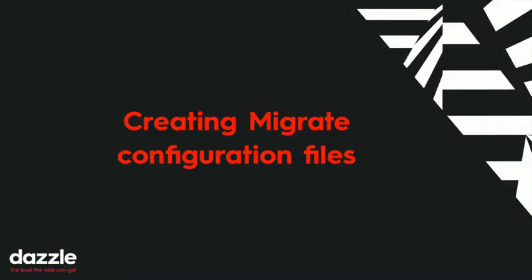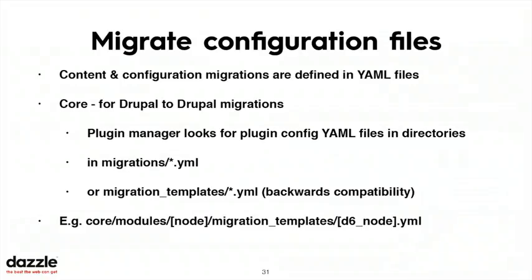Okay, so I already mentioned the Migrate configuration files. Let's have a closer look at them. So in Drupal 8 core, you would find the configuration files most likely in each module in a directory called migration_templates.